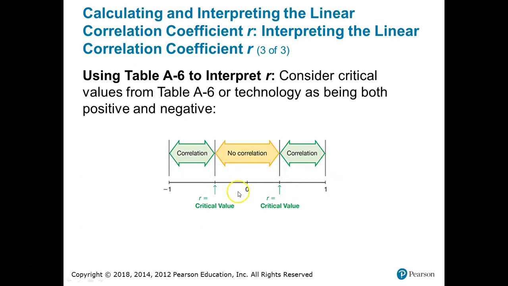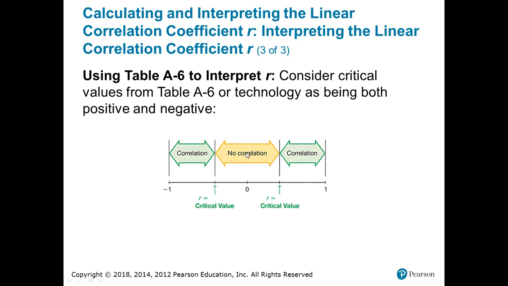I like this little graph. It helps show that a little bit more. You're going to calculate your R, and R is always going to be between -1 and 1. If your value is somewhere over here, you're in the correlation range. Your absolute value is going to be greater than the critical value R. And if you're in between the critical values, both negative and positive, there is no correlation.